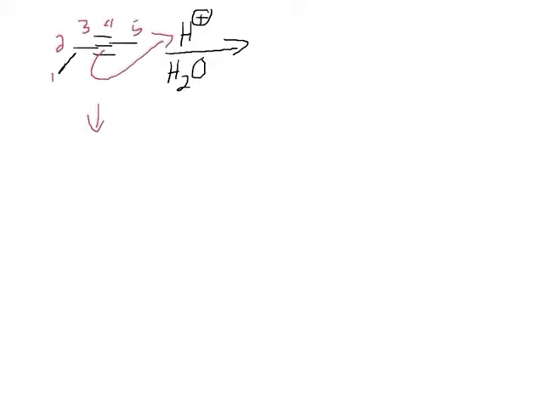The issue here, though: does it matter if I put the plus charge on carbon 3 or carbon 4? Is there any preference? They both bind to carbon. Is there really a preference? If I draw them both out, I'll put a plus charge here, or I could draw it like this.